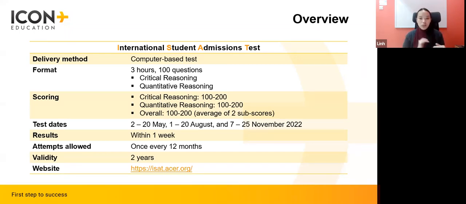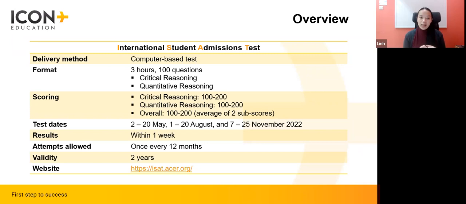Among these 100 questions, they are split into 2 categories, critical reasoning and quantitative reasoning, and we'll talk about what they are like in a moment. For the scoring, each of the 2 groups of questions will get you a separate score on a scale of 100 to 200, and your overall score will be the average of these 2 scores. That is why the scale for the overall score is also between 100 and 200.